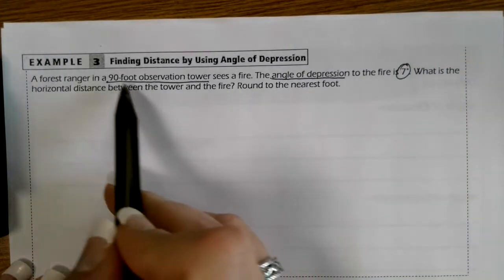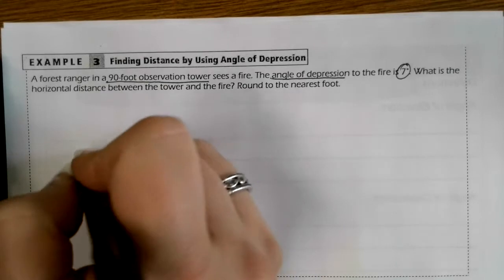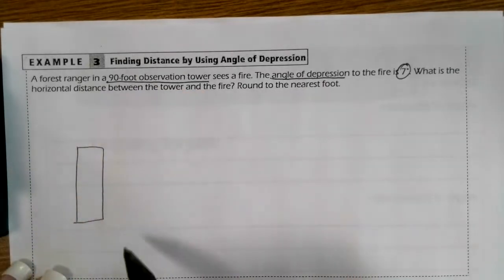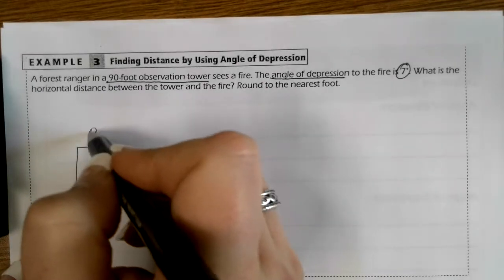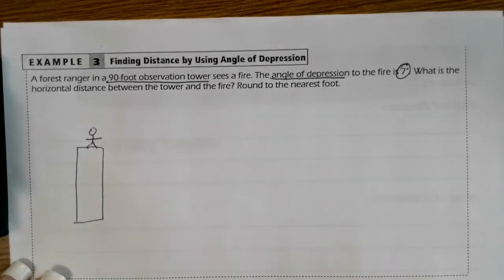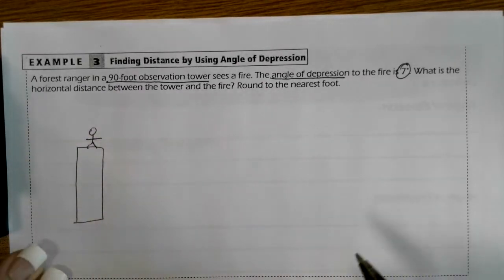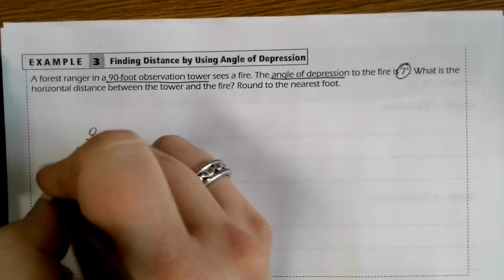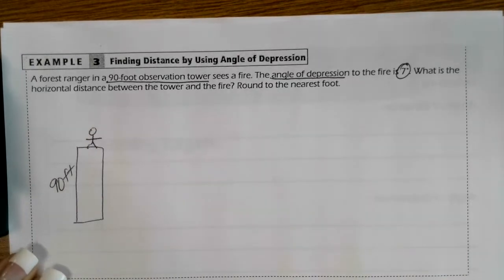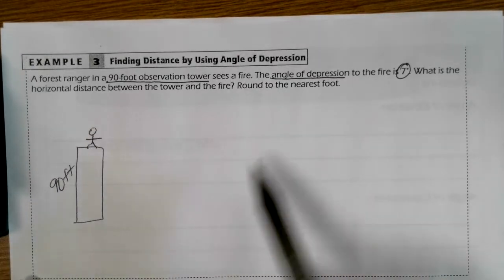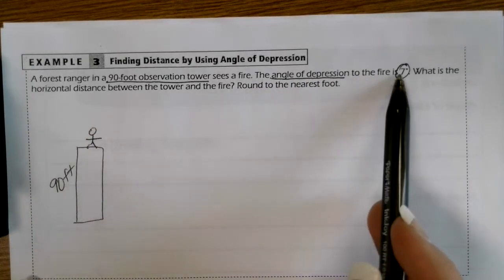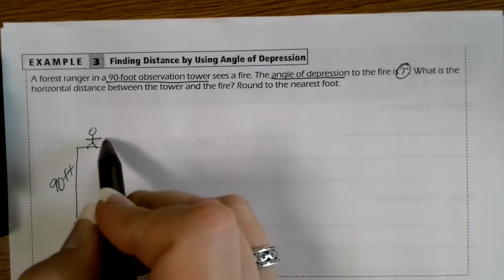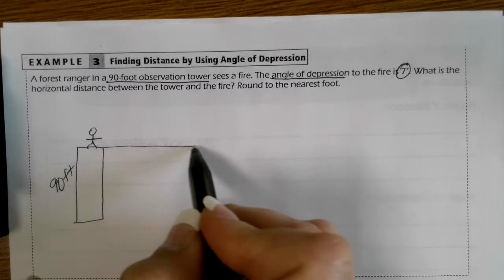So let's start with my 90-foot observation tower. Okay. So here's my tower. You can, if you want, there's my person, there's my forest ranger. And this observation tower is 90 feet tall. So I know that information. It says the angle of depression to the fire is 7 degrees. So that means that my person here in the tower is looking straight out.